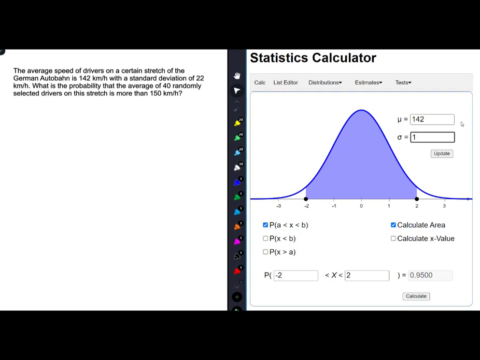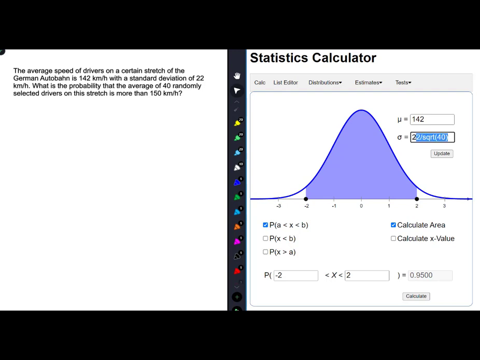The standard deviation, however, is related to the 22, which is the original population standard deviation, but that gets reduced by a factor of the square root of the sample size. And you can type that in just like that, and that's perfectly fine. The calculator here will understand exactly what you want.